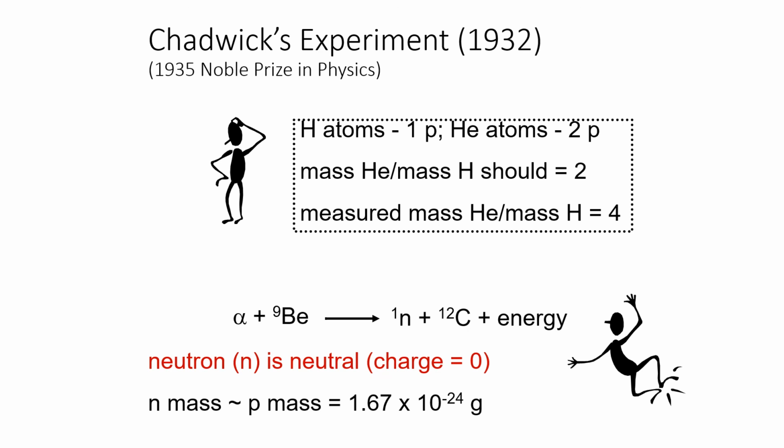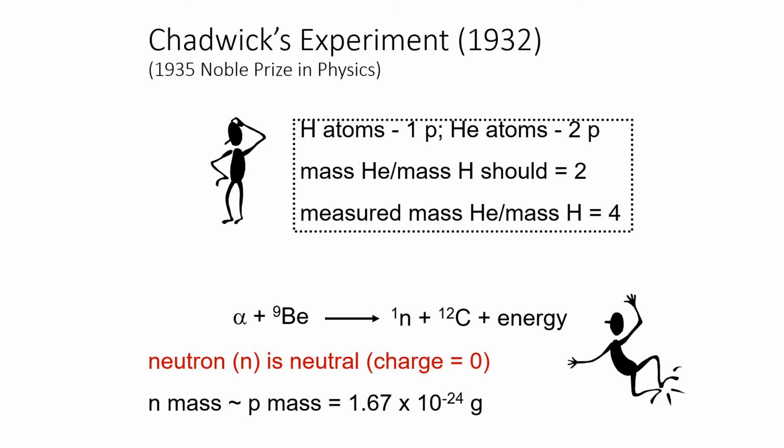There we go. The neutron then was found to have 0 charge, so it's neutral, and it has a mass that is approximately the same mass as a proton. So that is what makes the helium atom have 2 neutrons, so that helps. Actually, it has more than that.